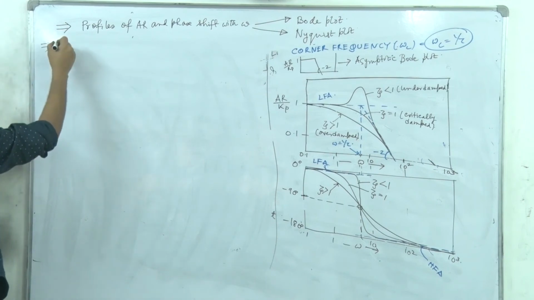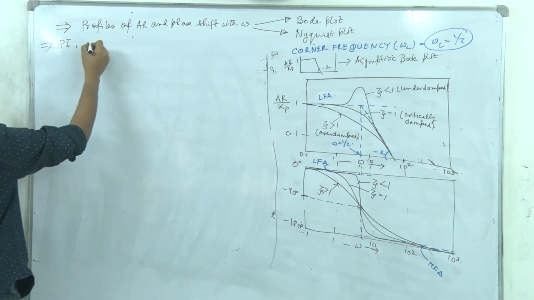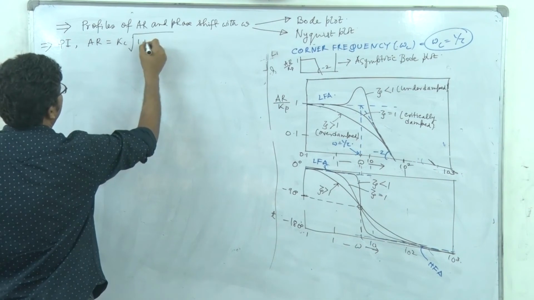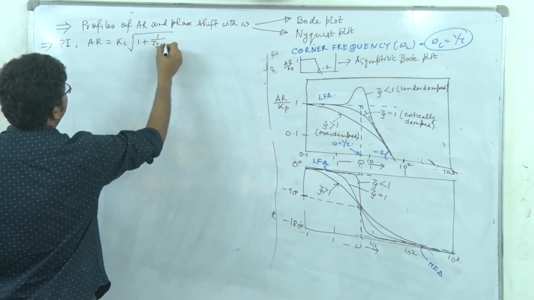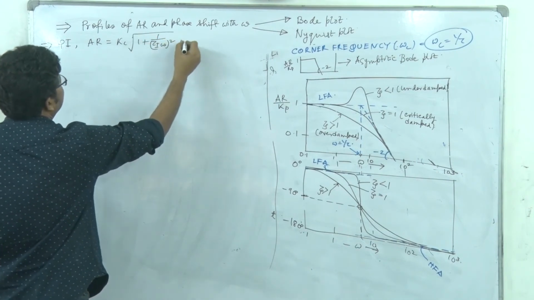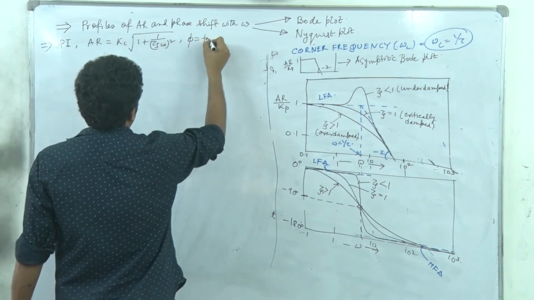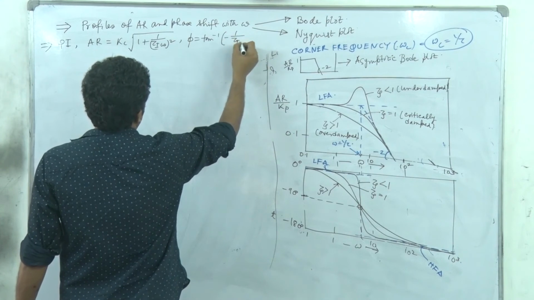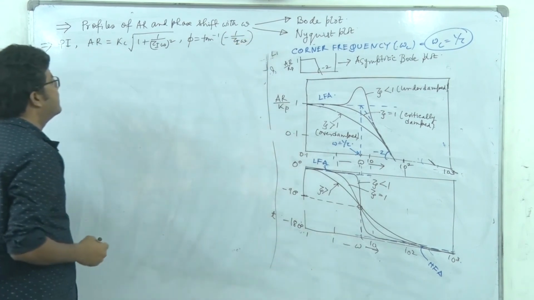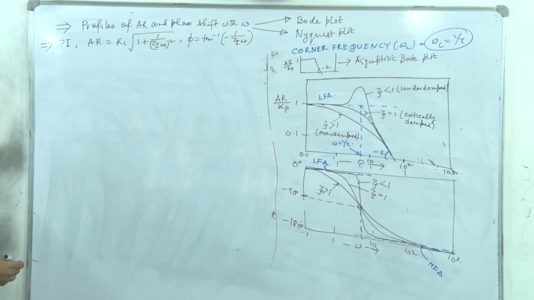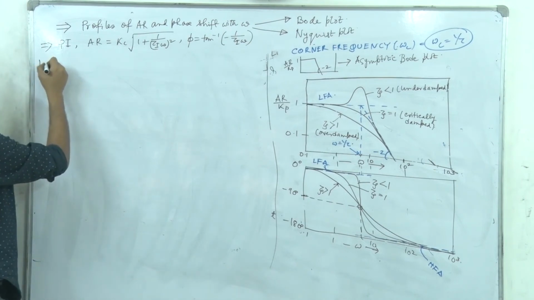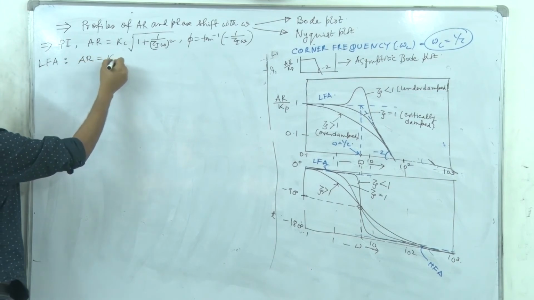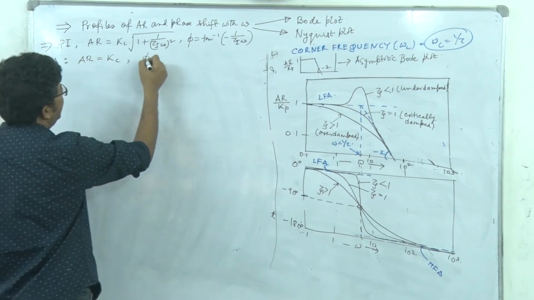So for PI, amplitude ratio is Kc under root 1 plus 1 by tau I omega whole square, and phi is equal to tan inverse of minus 1 divided by tau I omega. Right? So LFA, low frequency asymptote, we can find it as AR equal to Kc, and phi minus 90.